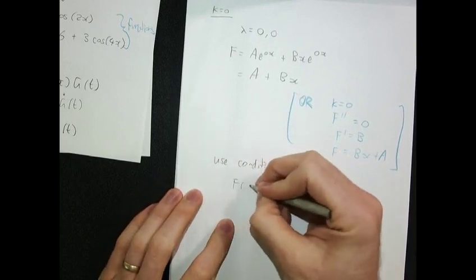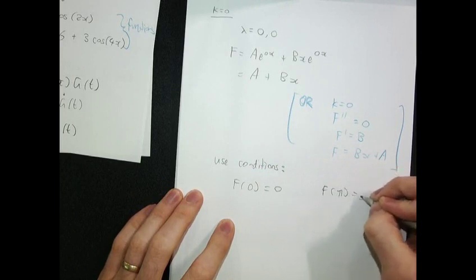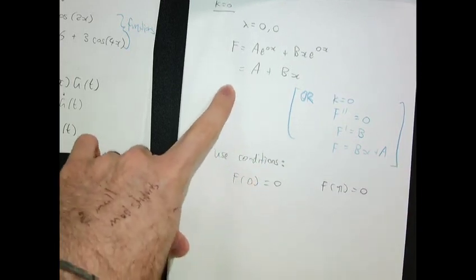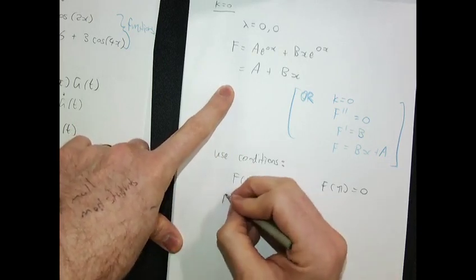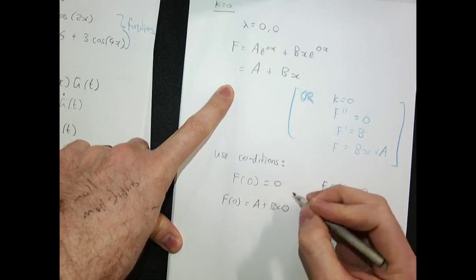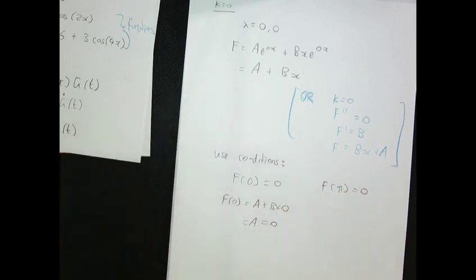So I know that f of 0 is supposed to be 0 and f of pi is supposed to be 0. So when I sub in 0 into this one, I get f of 0 is a plus b times 0, which is a, which is supposed to come out to the answer of 0. So a is 0. Awesome. So actually f is just bx.